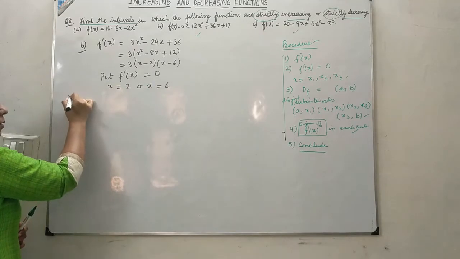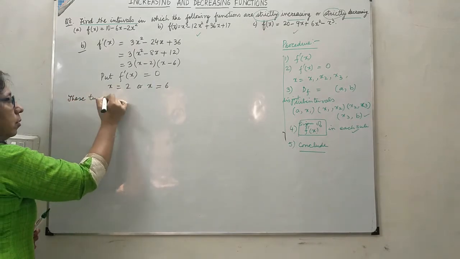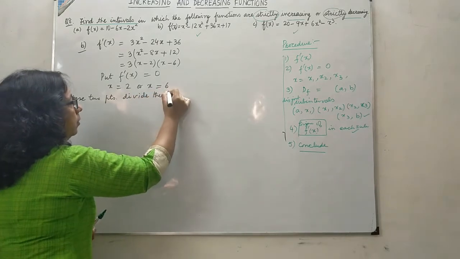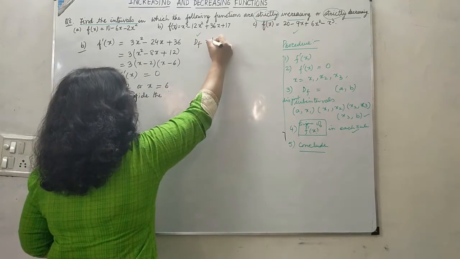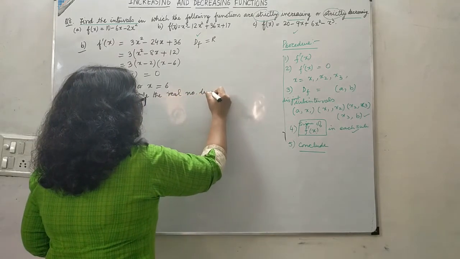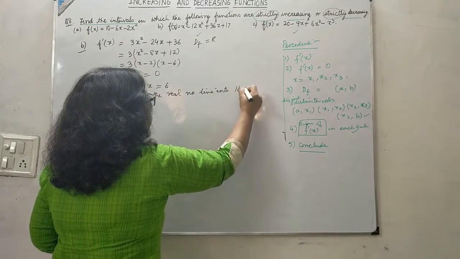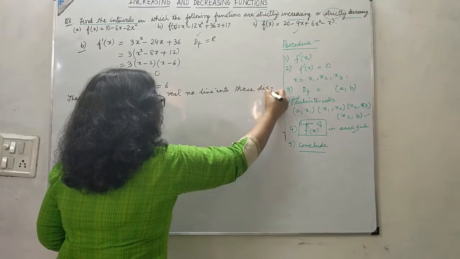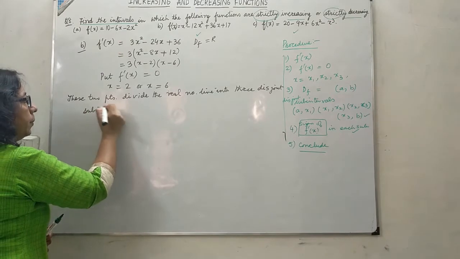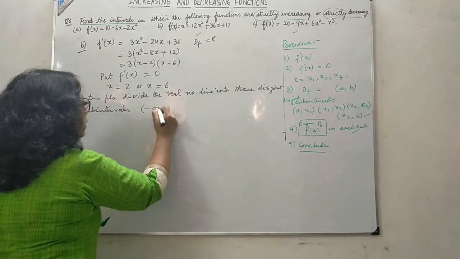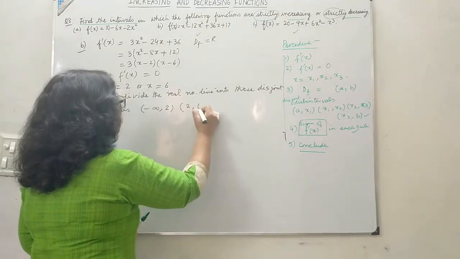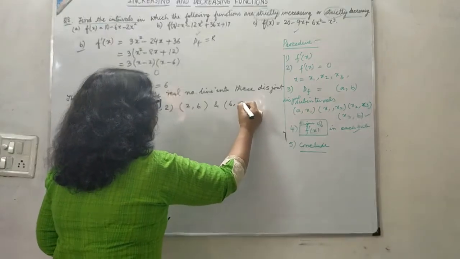Now these 2 points divide the real number line, as the domain is all real numbers, into 3 disjoint subintervals, and these are minus infinity to 2, always moving from left to right, then 2 to 6, and then 6 to infinity.